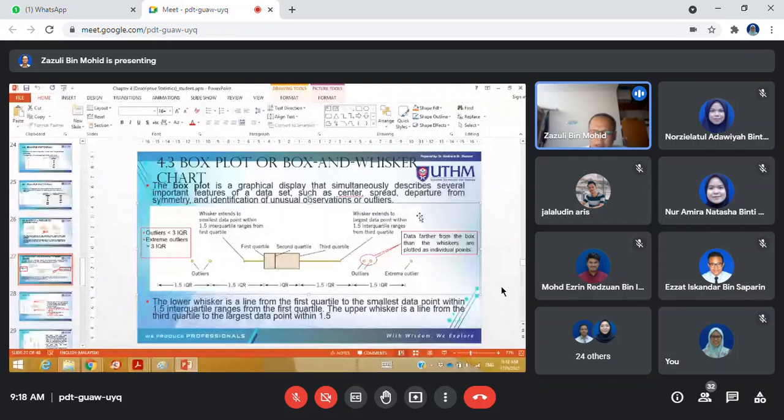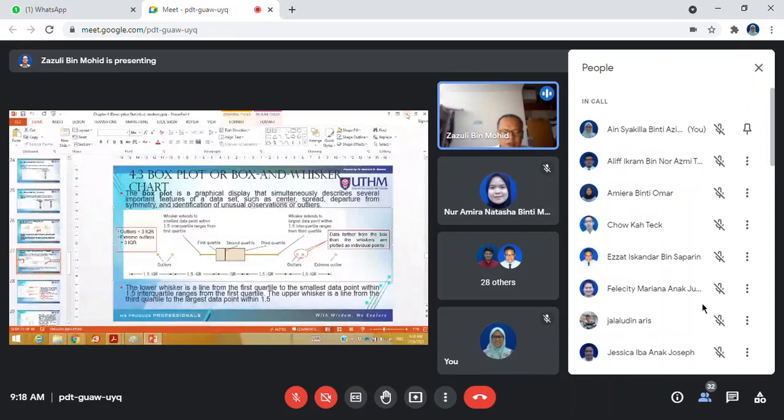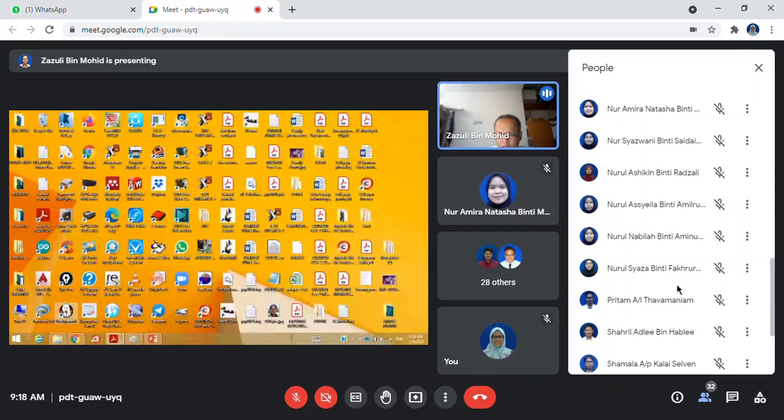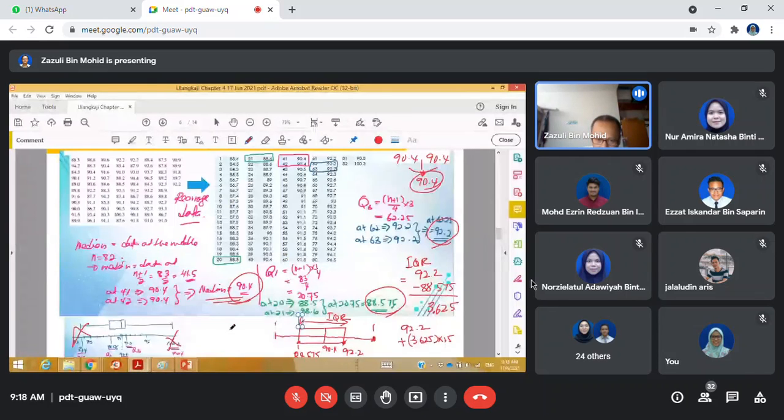So the upper value is Q3 plus IQR times 1.5, and the bottom value is Q1 minus IQR times 1.5.